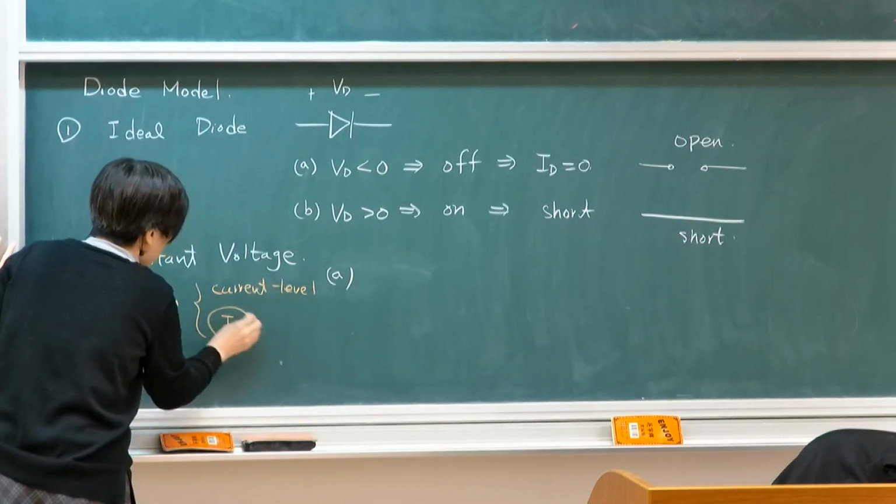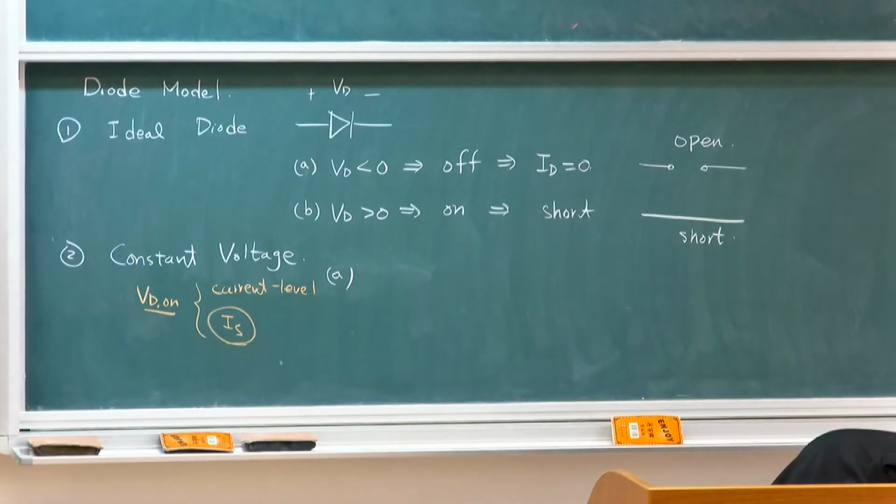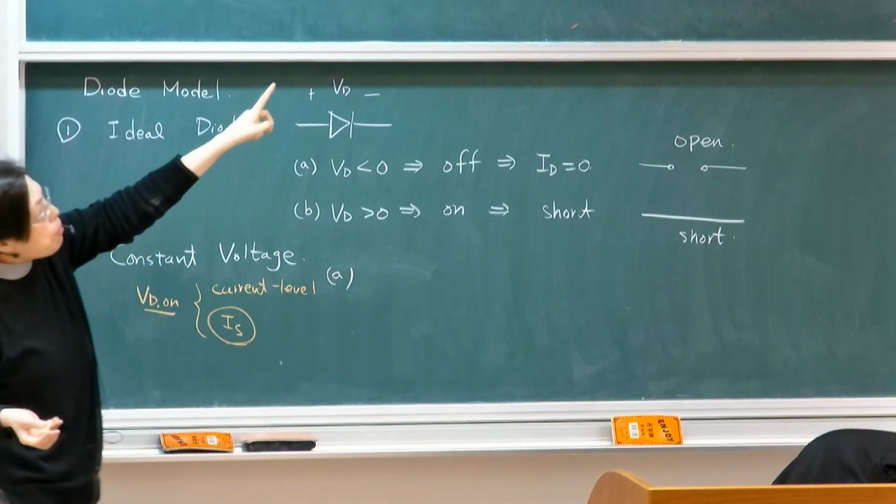So I give you an IS, you use the exponential model, you do the plot, you set an operating current level, and then you extract where you think the on current is, where there is a significant amount of current. What I mean by significant is the current level rises to a level comparable to the current levels of interest. So the scale is very important. As I said, typically VD-on will be 0.7 or 0.8. It's extracted from that plot.